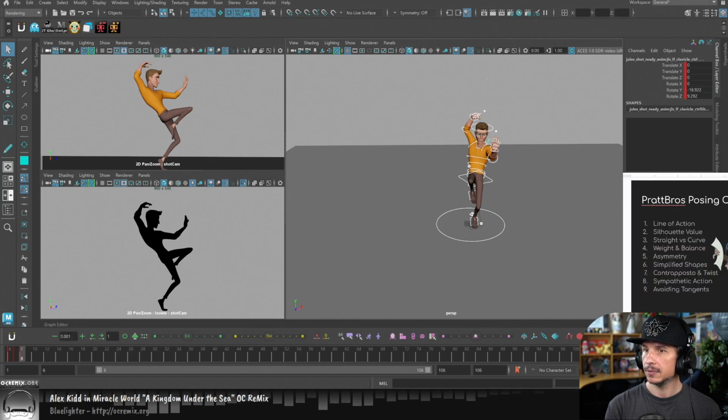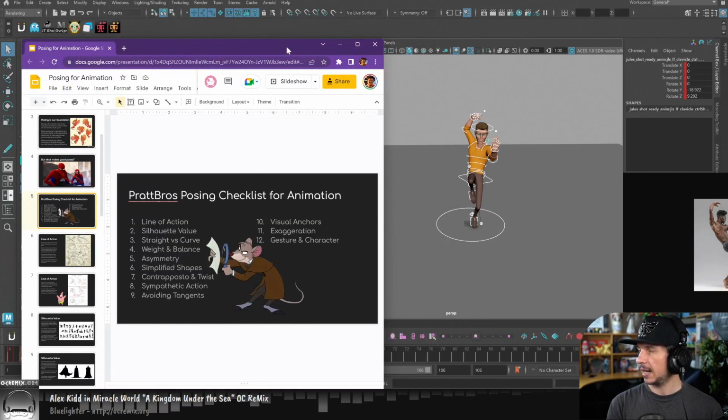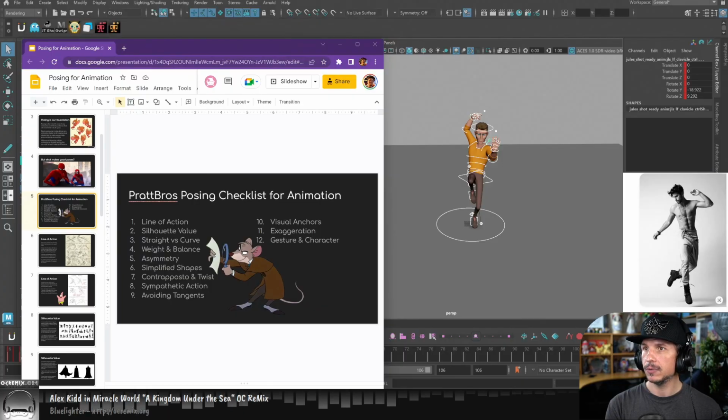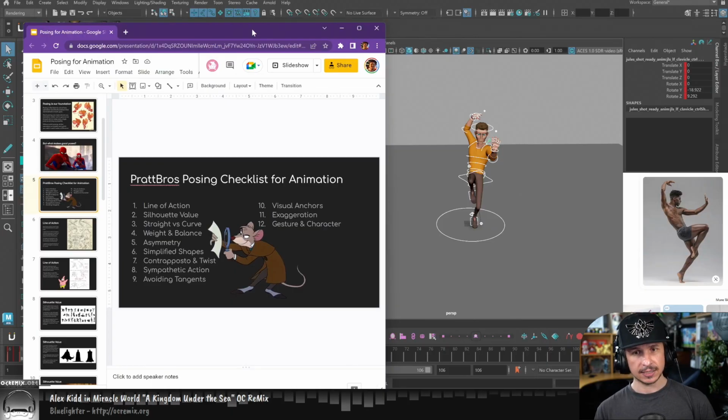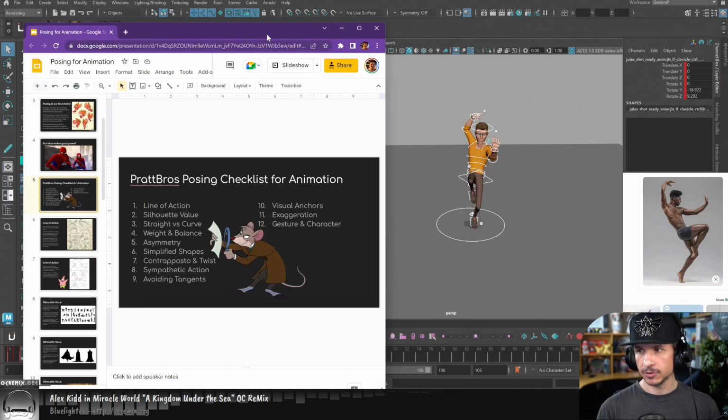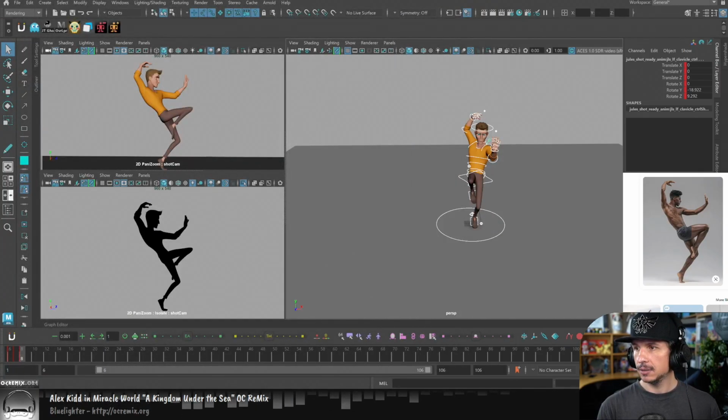There. Okay. So as I'm posing this now, I just want to go through this checklist and see how I can improve all of these different things. So line of action. Let's go through that first. I've got my line here. It's pretty good.